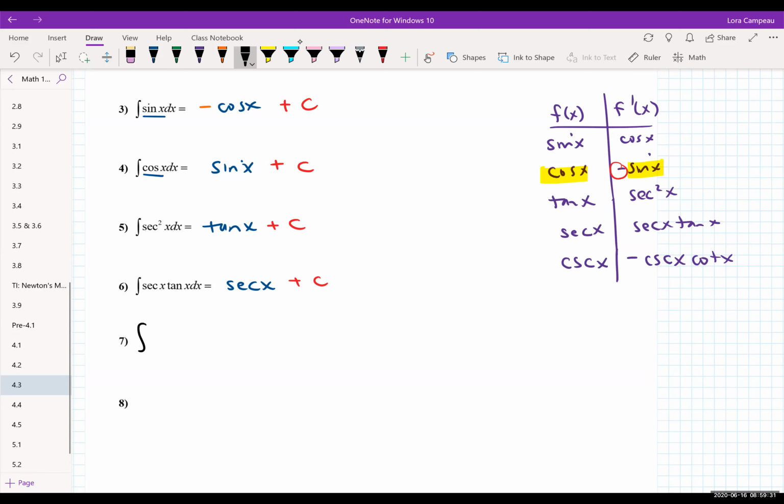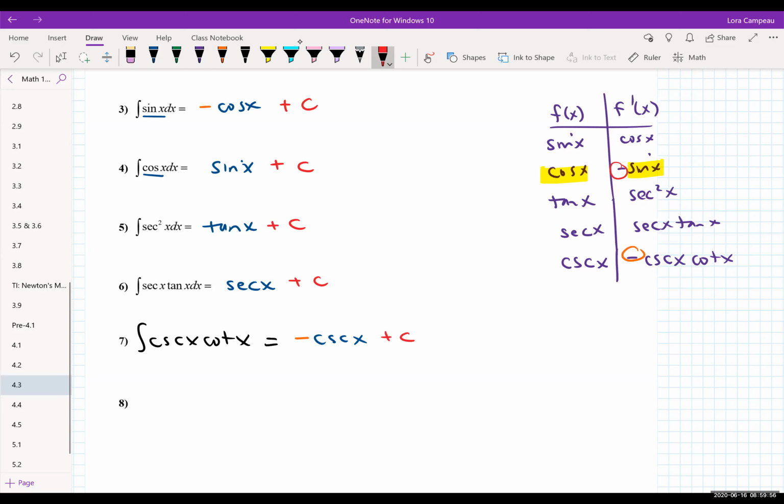If you want to say what's the integral of cosecant x cotangent x, we have to be careful because yes, we do know it's cosecant, but the original one had a negative, so that's where this negative comes from. And you'll see negatives appear and disappear as you go.